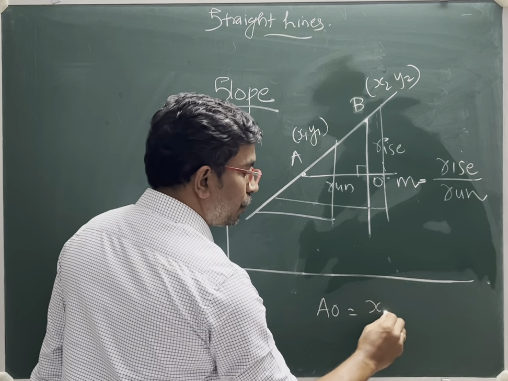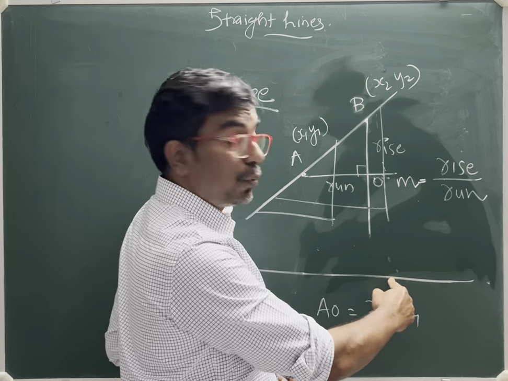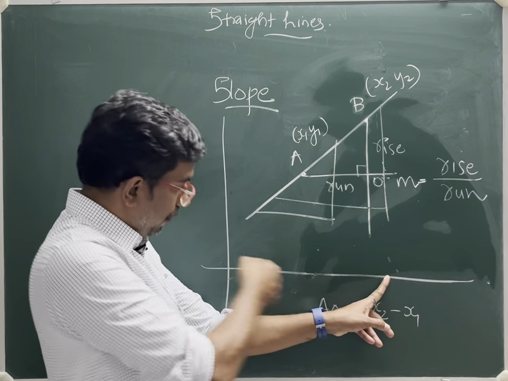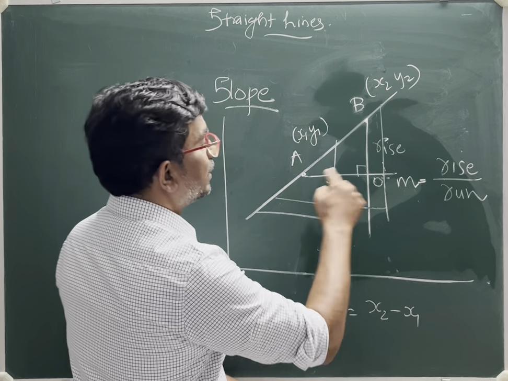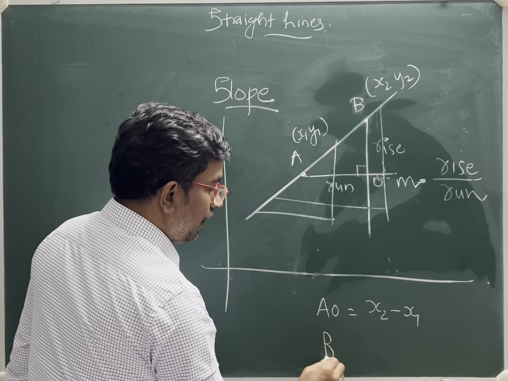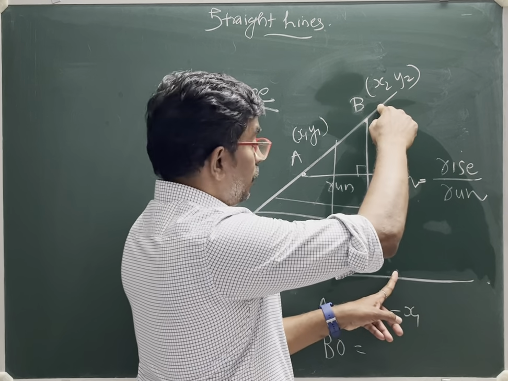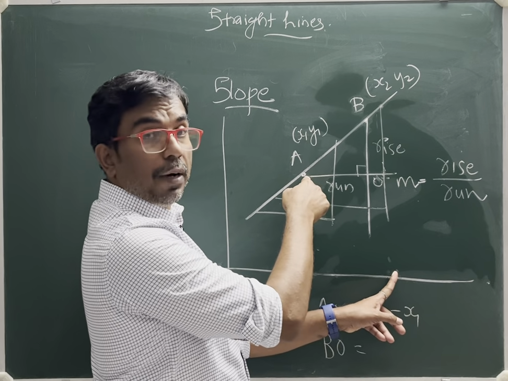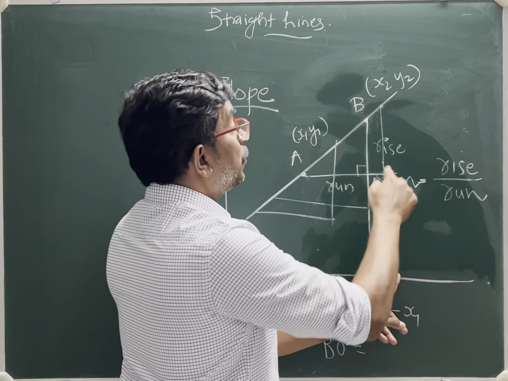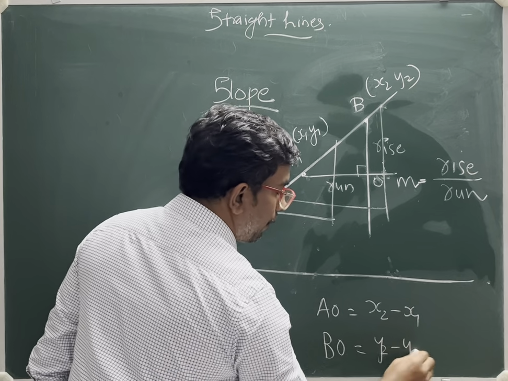So this is x2 minus x1. From x2 you remove x1, you get this distance. And what about BO? Similarly, from here to here it's y2, and from here to here it's y1. So you remove this y1 part and you get y2 minus y1.